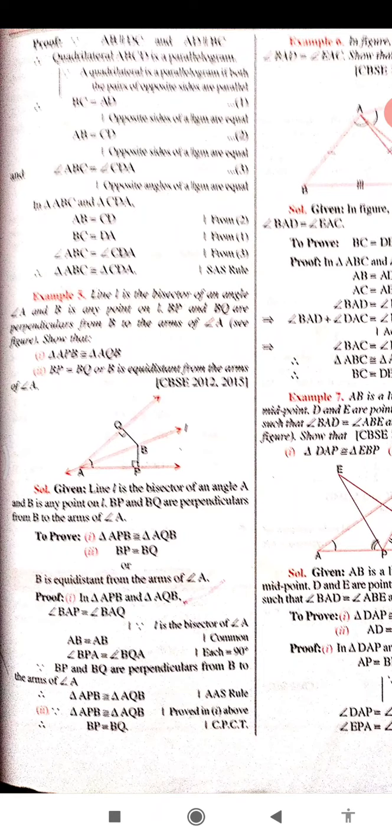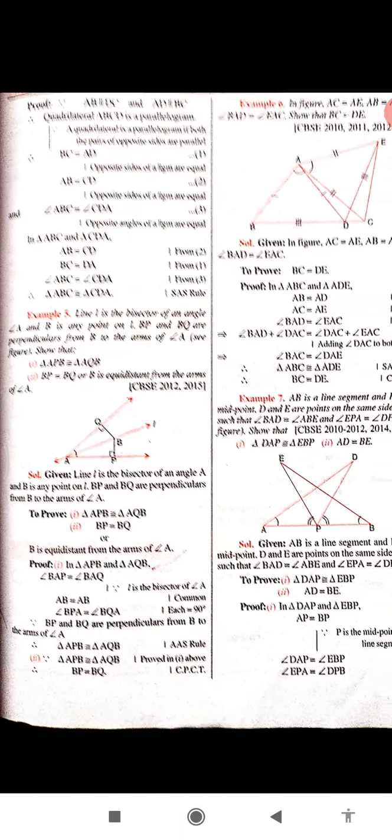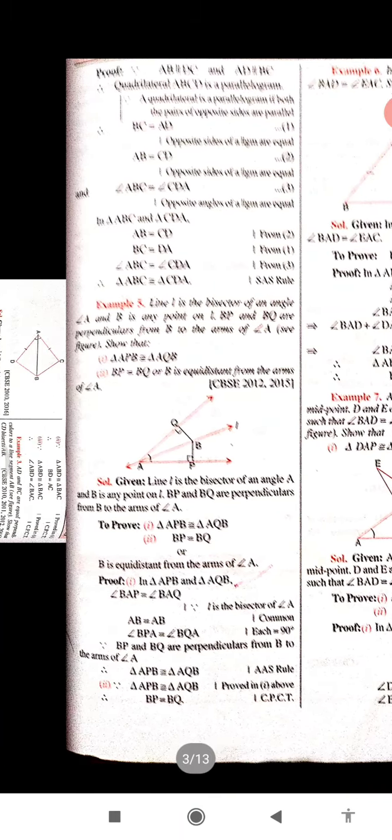Result 1, result 2, BC equal to DA. Therefore we can say triangle ABC congruent triangle CDA. Which rule? SAS rule. So you can write it from the PDF, or it is homework.